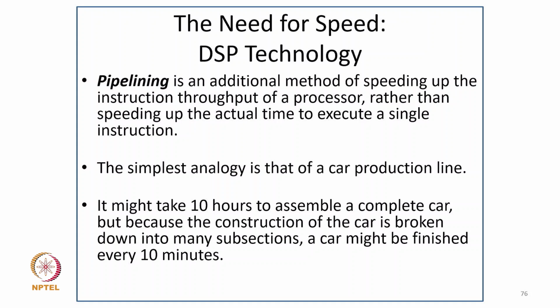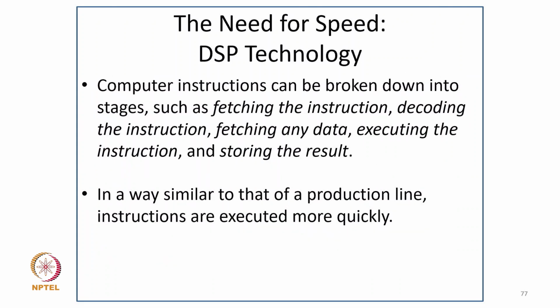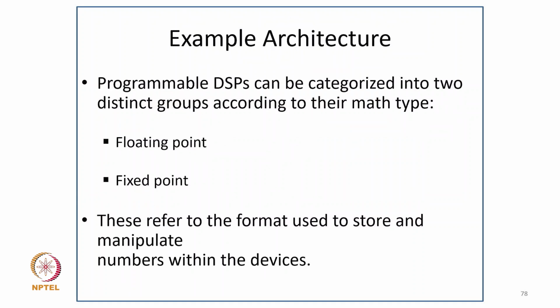It might take 10 hours to assemble a complete car, but because the construction of the car is broken down into many subsections, a car might be finished every 10 minutes. Computer instructions can be broken down into stages, such as fetching the instruction, decoding the instruction, fetching any data, executing the instruction, and storing the result. In a way similar to a production line, instructions are executed more quickly.